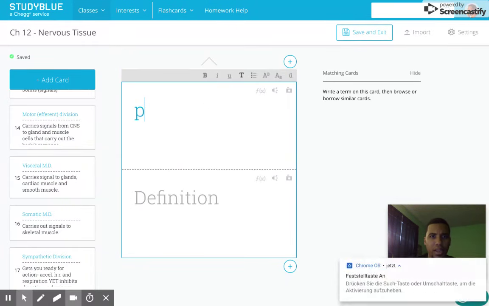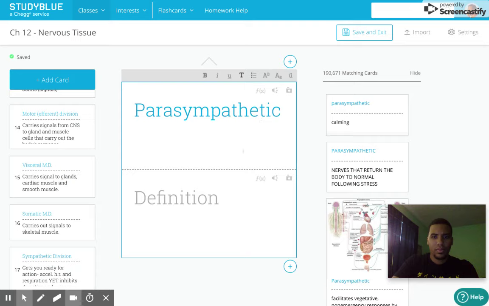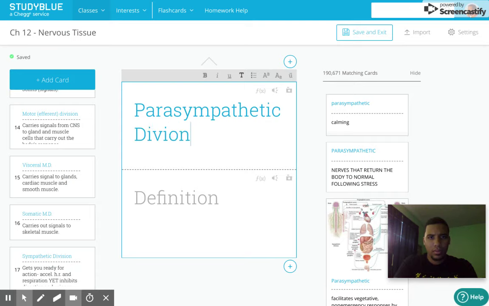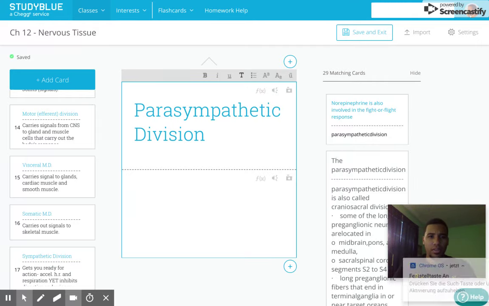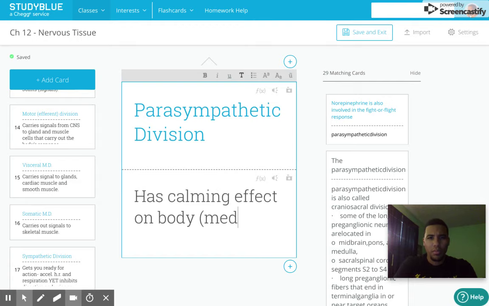The parasympathetic, which is its counterpart. So I'm going to put here parasympathetic. That actually calms the body down. So it has calming effect on body. So you want to think about meditating.